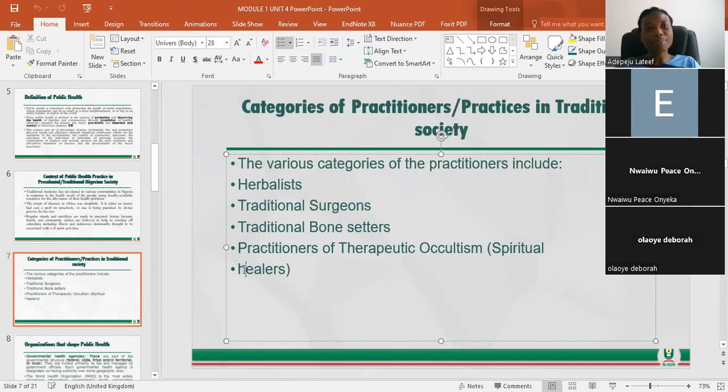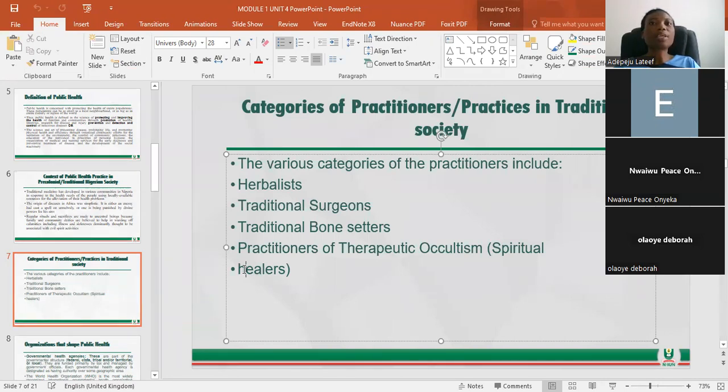So the herbalists are the individuals or group of people who use herbs, medicinal plants or part of a plant to cure disease.